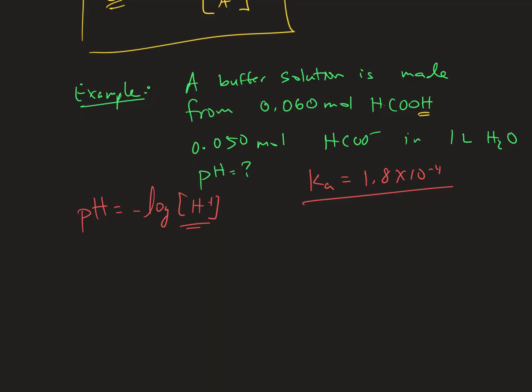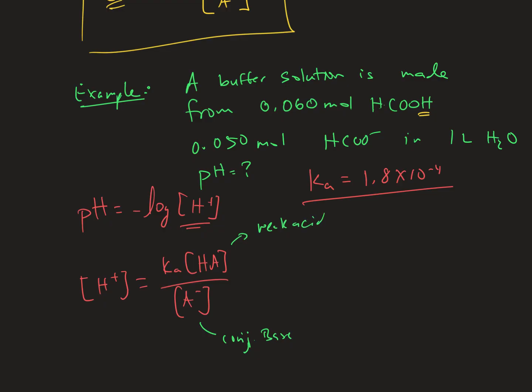There's another formula that we just learned: H plus equals Ka times HA over A minus. So A minus is our conjugate base, and HA is our weak acid.